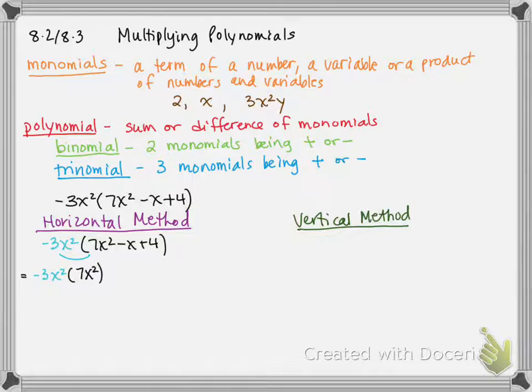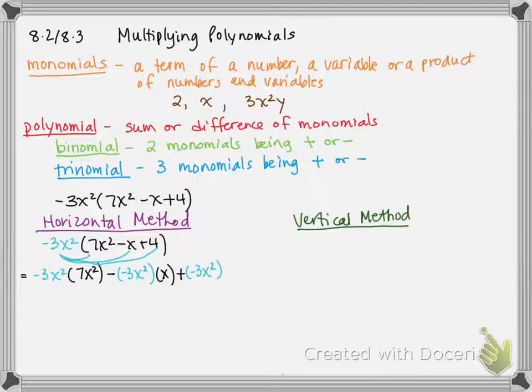So I get 7x squared. And then I'm going to put in the minus sign, and then I'm going to distribute the negative 3x squared to the x. So then we're going to put negative 3x squared and then times the x. And then we're going to distribute again the negative 3x squared to the positive 4. So I'm going to put in the plus. So whatever sign I see, I'm going to put in there. And then we have the negative 3x squared times the 4.